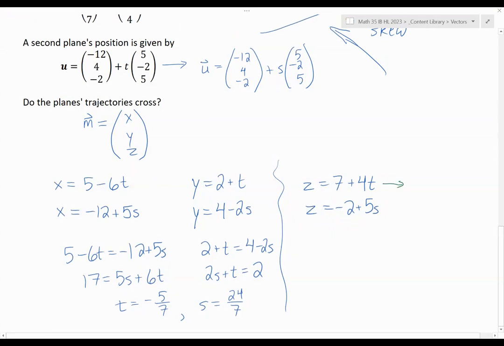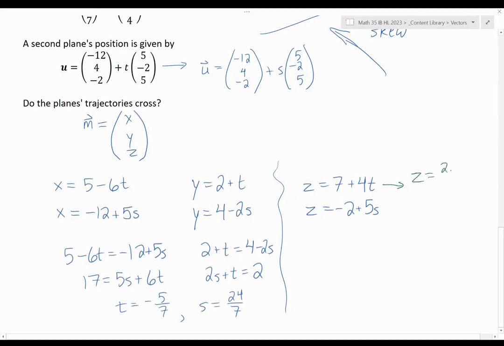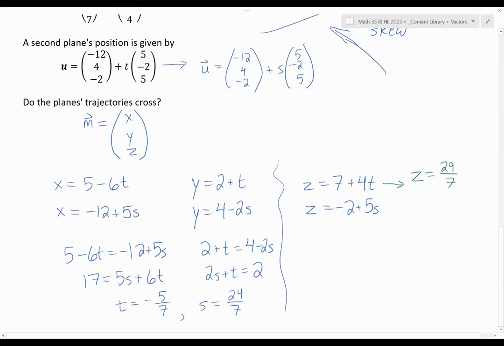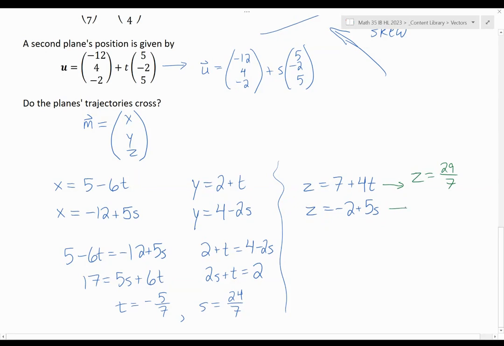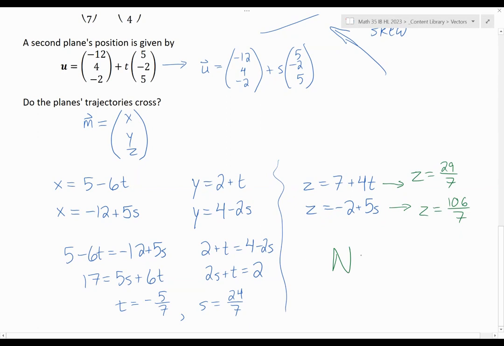So 7 plus 4 times -5/7 gives me 29/7. So z equals 29/7. And in the second one, -2 plus 5 times 24/7 gives me 106/7. So they do not meet.